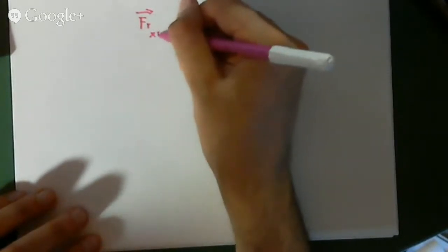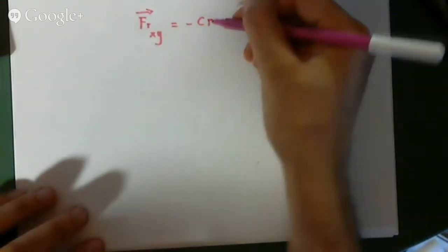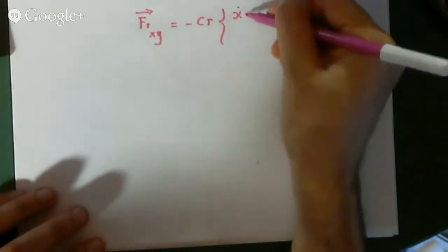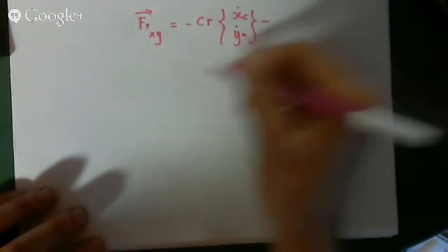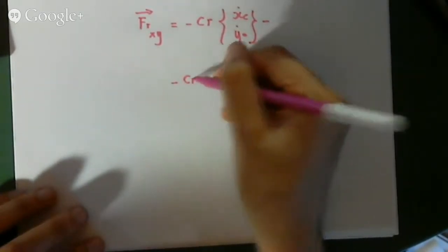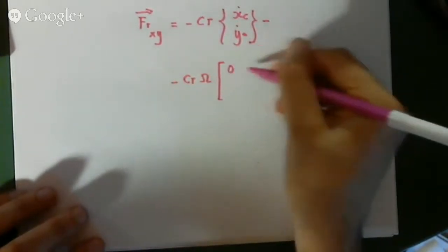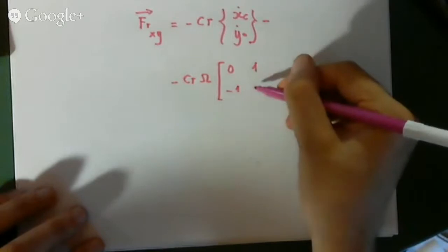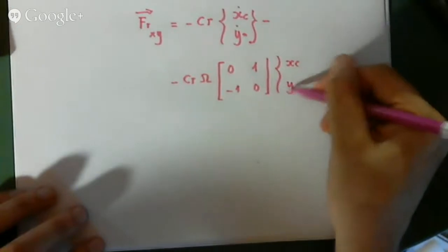And so the final rotating force in the XY fixed reference frame is equal to minus Cr per x point C, y point C, minus Cr omega times 0, 1, minus 1, 0 for xc, yc.